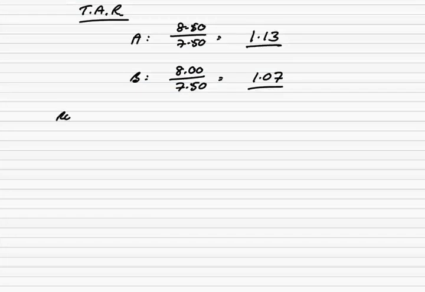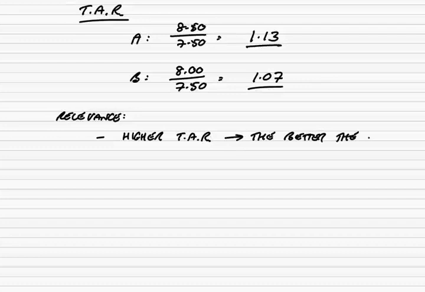And there are two things here. The first, I think, is very obvious. If you need to, again, pause and think about it. But the first point is surely the higher the throughput accounting ratio, the better the product. Now, I appreciate we didn't need to do that calculation to know that.